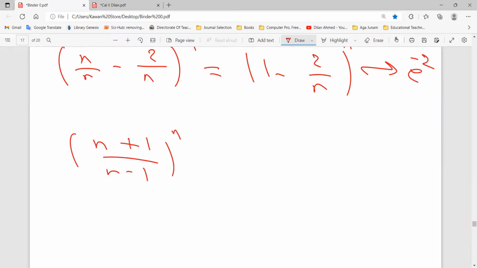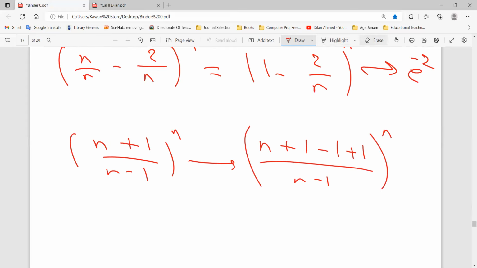Do you remember that? We used 1-2 pages with many derivatives to get that one. Now I am going to change such an idea. Use the same idea. Look, n plus 1 minus 1 plus 1. I just add that one, right? Is there any problem? No. So I'm going to change.